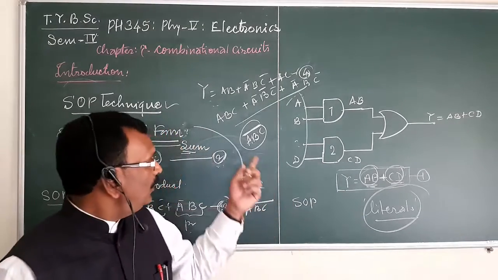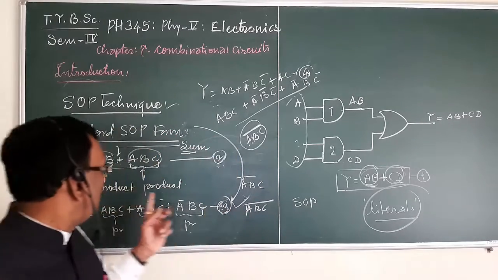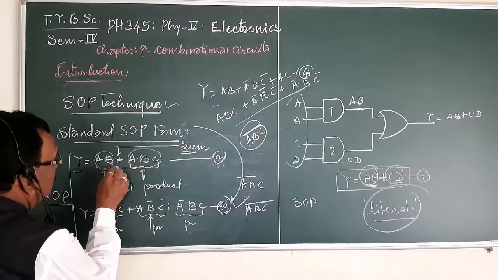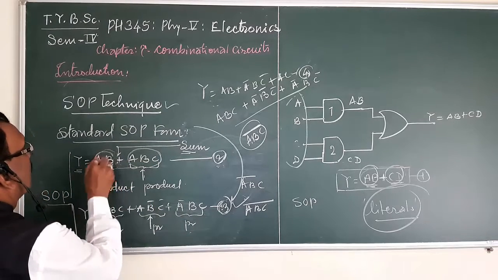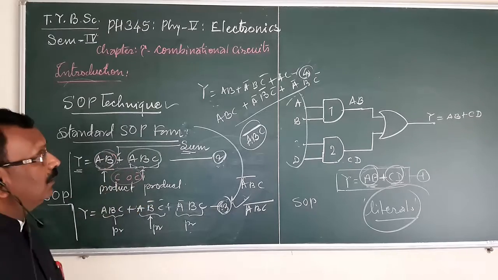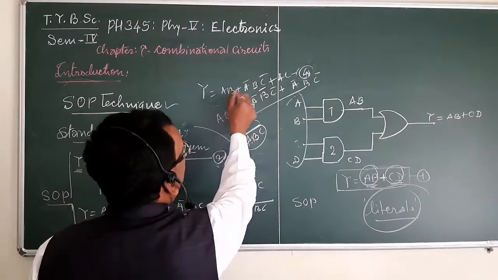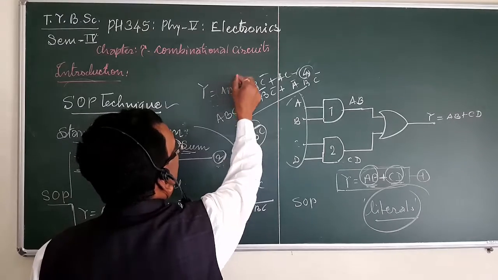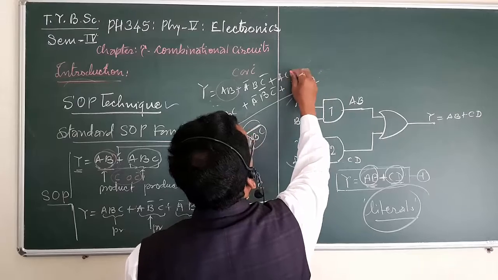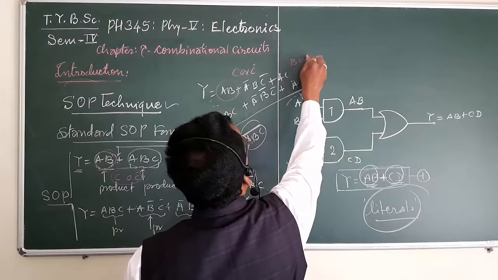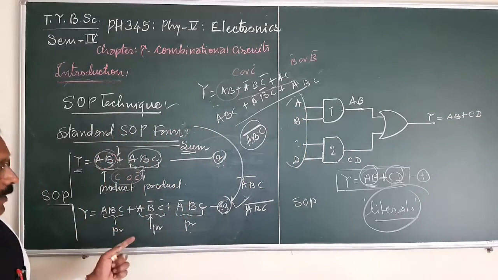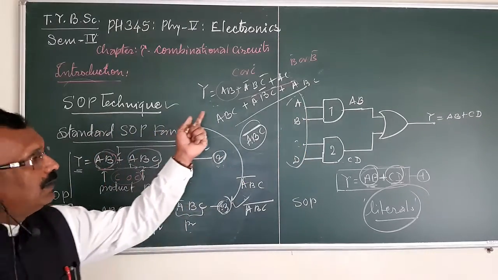In equations 2 and 4, in the first term there is no C or C bar, and here also there is no B or B bar. So these equations are not standard SOP.